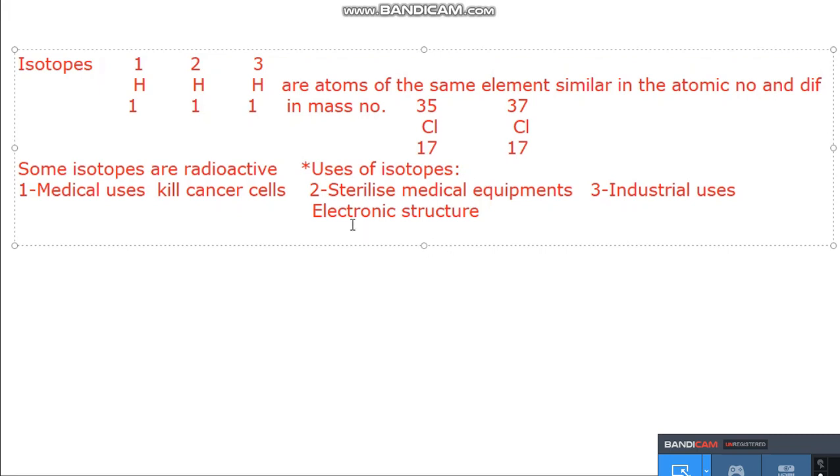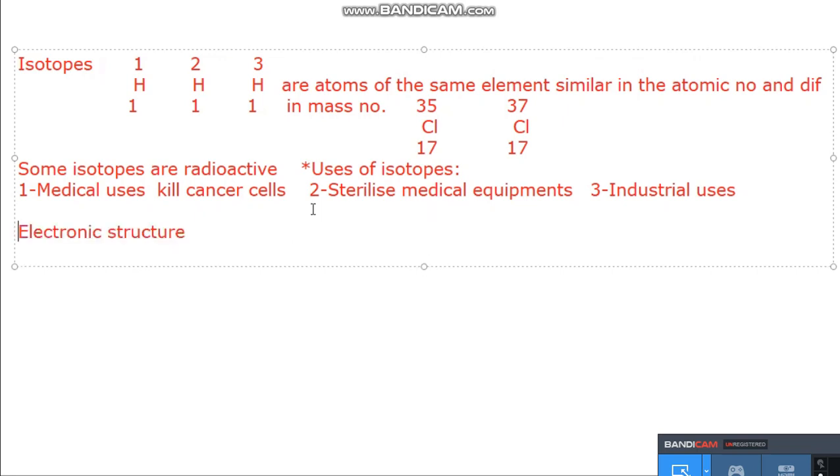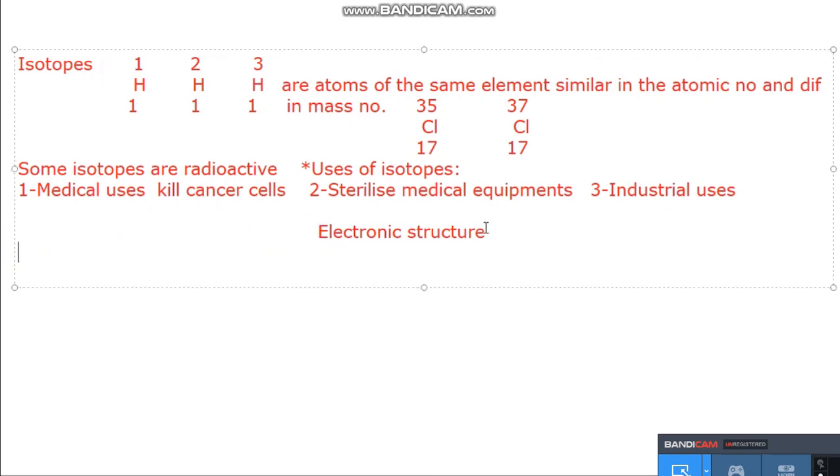As we said in the last lesson, any atom contains two numbers, atomic number and mass number.